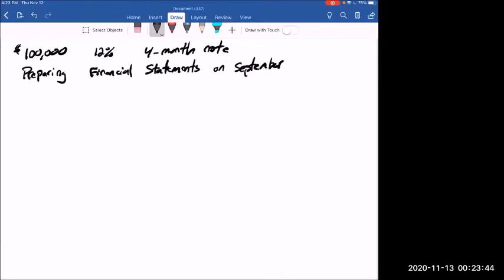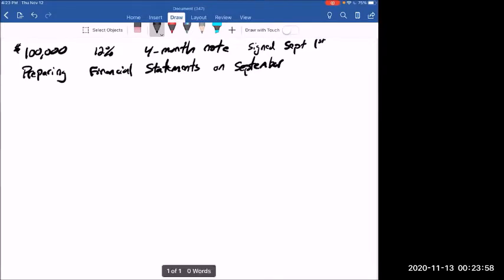If I'm borrowing the money at the first of the month, so I'm borrowing it on September 1st, signed September 1st, financial statements prepared on September 30th, and paying off the note on January 1st still.